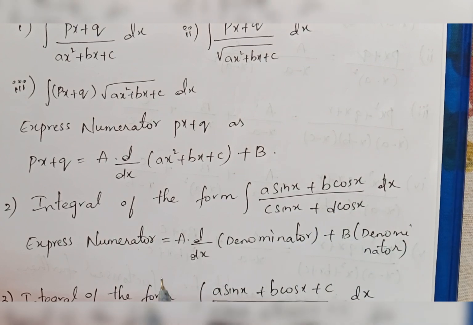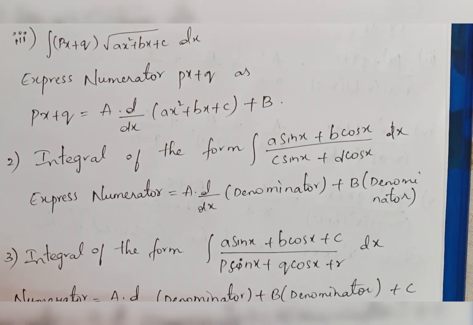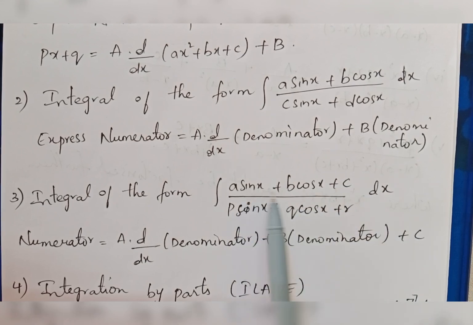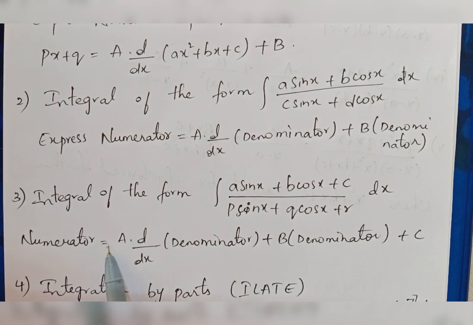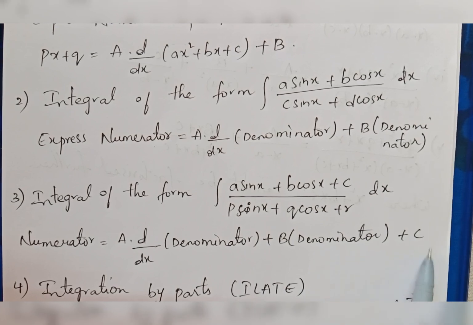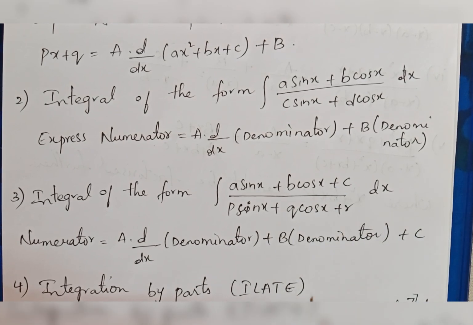So it is given by a into d by dx of the denominator plus b into the denominator. And the third form has a constant term with the sine and cos. So the formula becomes numerator is equal to a into d by dx of the denominator plus b into denominator plus c. Here there is again a c term, because of the constants.